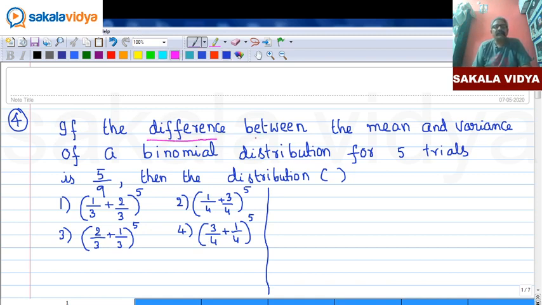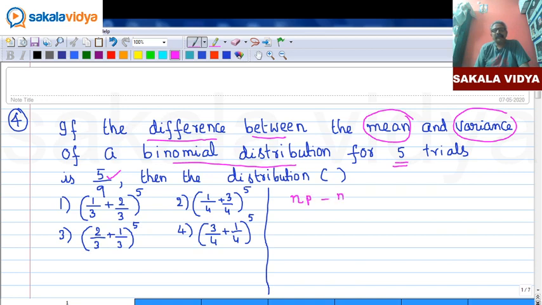The difference between mean and variance of a binomial distribution for 5 trials, n is equal to 5, is 5 by 9. Then we need to find out the binomial distribution. So first of all, the difference between mean np minus variance npq equals 5 by 9, and the number of trials is 5, that means n is equal to 5.